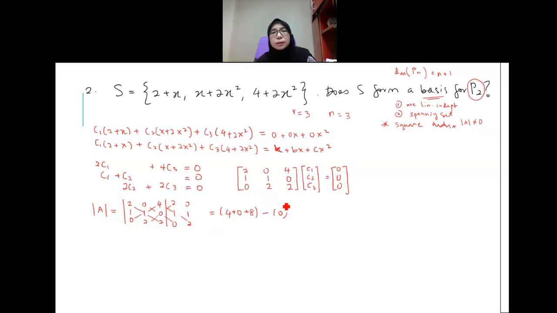So 4 plus 8 is 12, which is not equal to 0. So what can you write as your conclusion? Since the determinant of A is not equal to 0, S is a basis for P. Then you go to the next question.